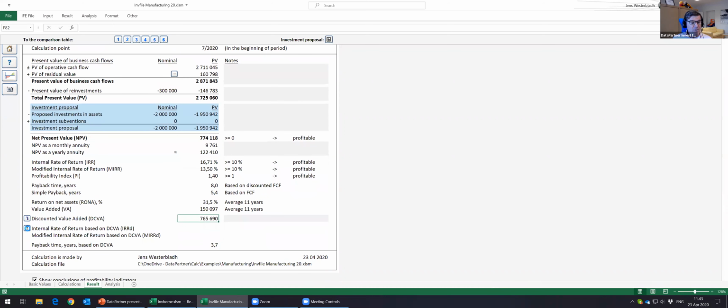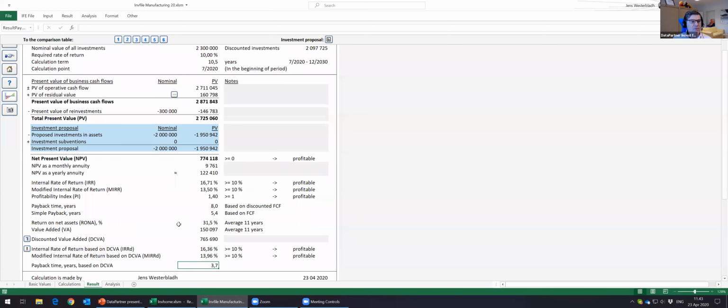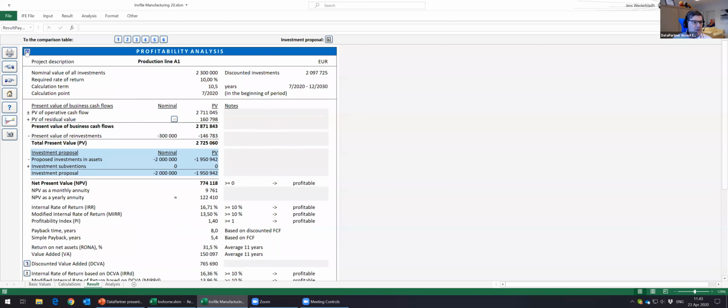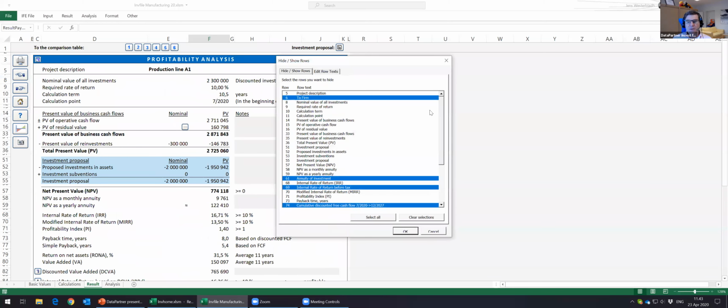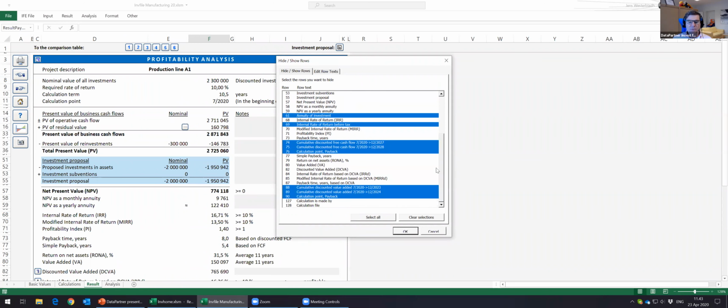You can even calculate IRR and modified IRR based on economic value added, and payback time on value added. But if you don't consider those important, like I don't, then you would hide them in your template. There's no need to show things that are only difficult to describe.